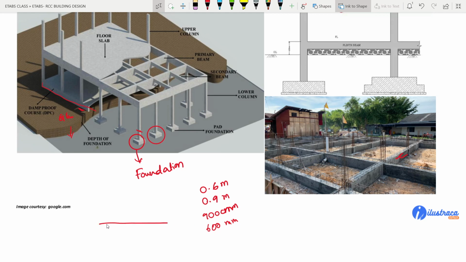Suppose this is the ground level. Here we have provided the foundations, and we go up to here, and here we provide a beam like this. So this is what I call 0.6 to 0.9. Why do we provide this particular beam? Here we will be having soil filling.